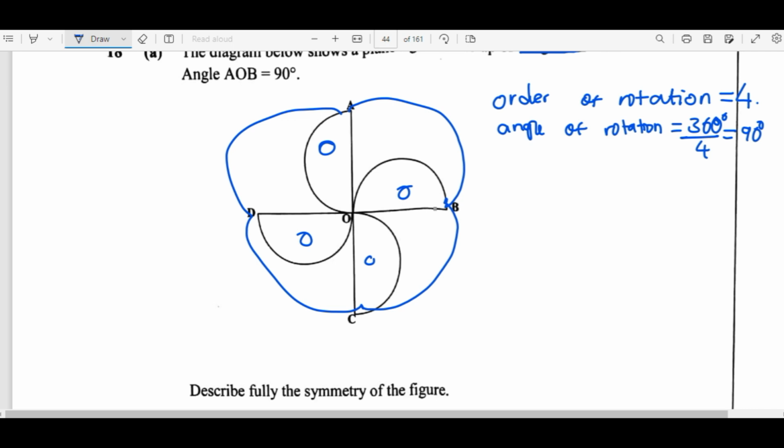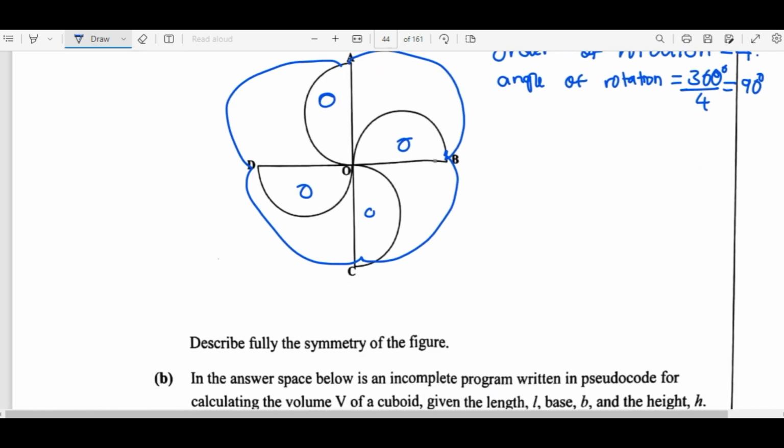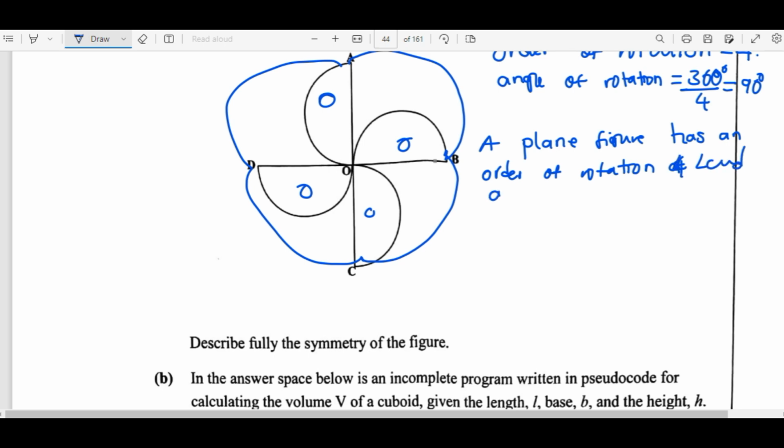Then to finalize our answer, we can just say a plane figure has an order of rotation 4 and angle of rotation is equal to 90.